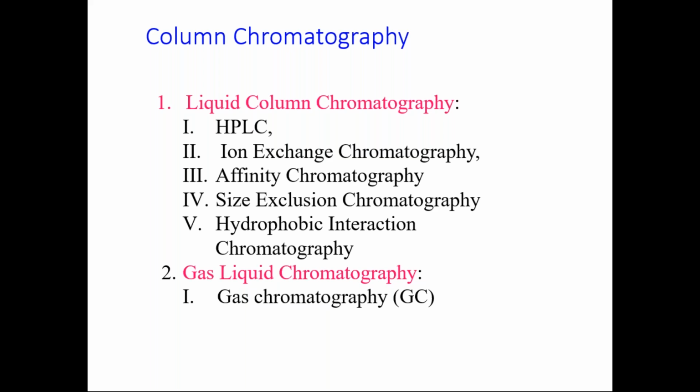The mobile phase should not react with the stationary phase, and the stationary phase should not interact. When I say interact, it means chemically act with each other, that is the solid support which is there in column chromatography.